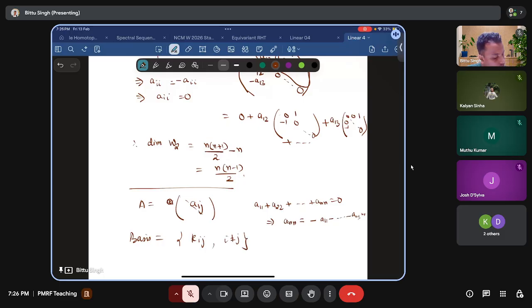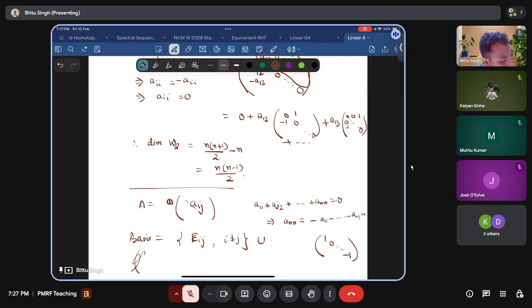So Eij means those elementary matrices, with 1 at the ijth entry and everything else 0, and you need to take the union of these. If the diagonal contains 1 here, then automatically this element will be minus 1, right?